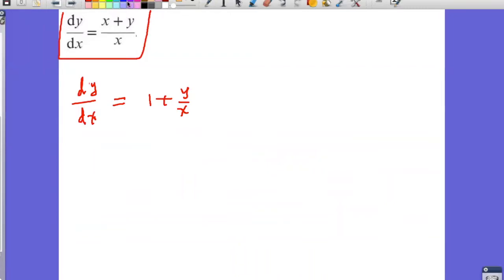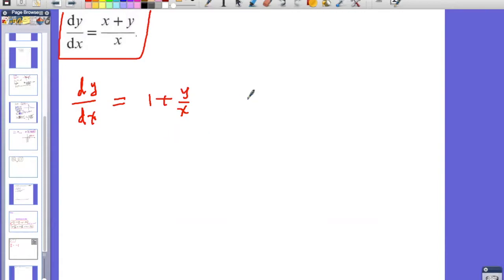And now we will use the substitution. Let u be equal to y over x. And then we will have to look for dy dx in terms of u. This means that y is equal to ux.